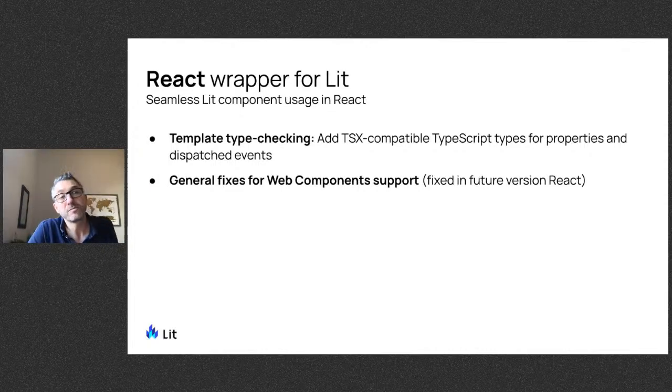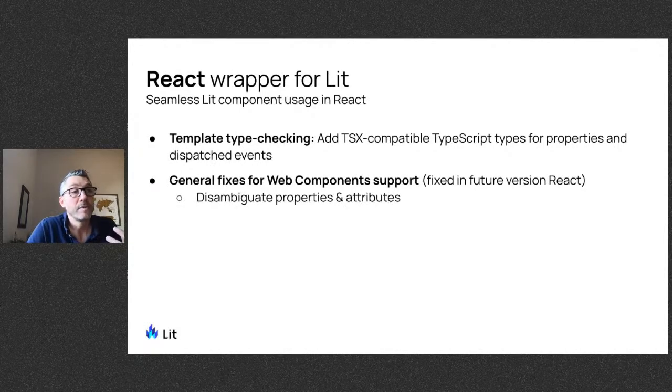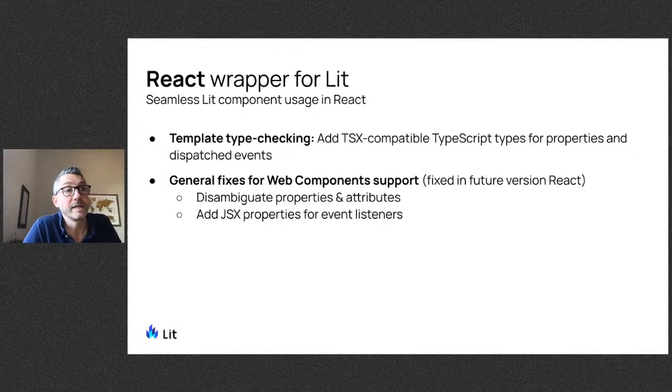And so until React actually ships that, our wrapper can fix those up. So we can provide disambiguation for properties and attributes so that those are set correctly, and add JSX properties for event listeners so that you can pass event listeners in idiomatically. So really, that's all we have to do to make Lit components look like any other React component to a React developer.